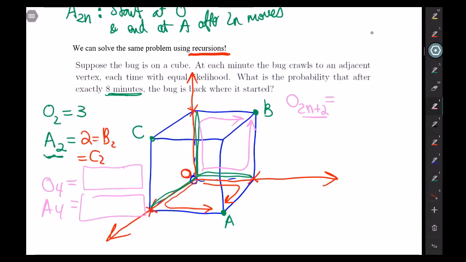You were either at O or A or B or C, right? Suppose you were at O. If you were at O after 2n moves, how many ways can you end up back at O after 2n+2 moves?